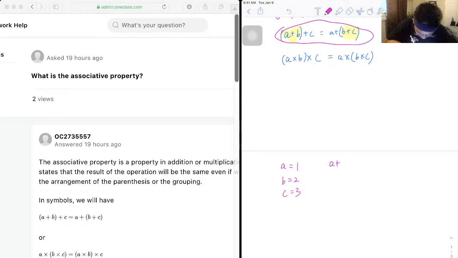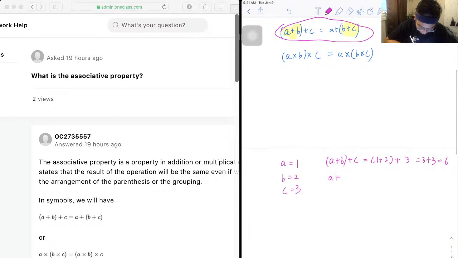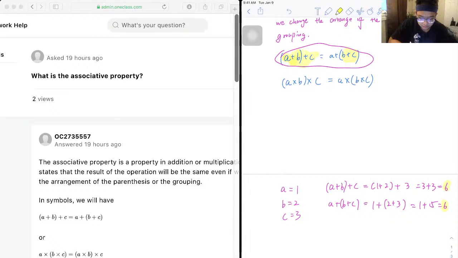So let's do A plus B plus C. The first time we're grouping the first two, which is A plus B, so (1 plus 2) plus 3, and this becomes 3 plus 3, which gives us 6. Then let's do the grouping for the last two. The equation becomes 1 plus the sum of 2 plus 3, which is 1 plus 5, which is still 6. So now we can see the left-hand side is equal to the right-hand side, which proves that the property is correct.